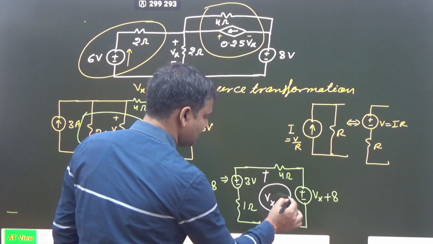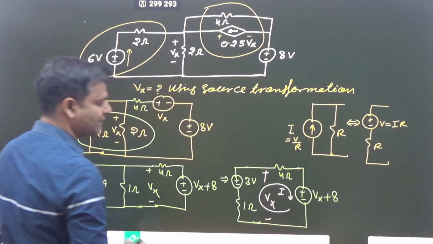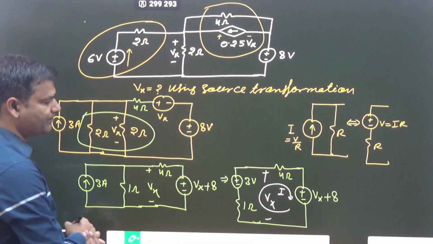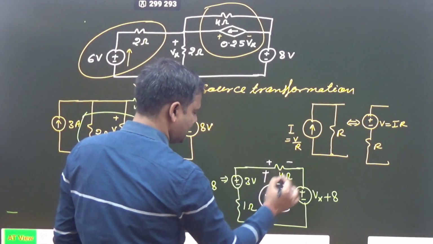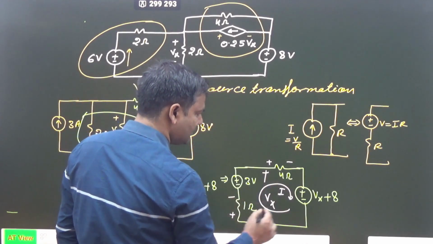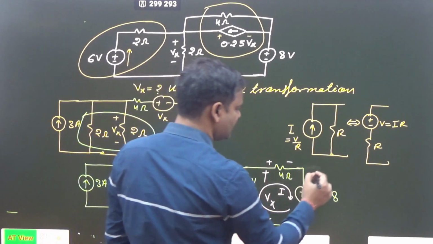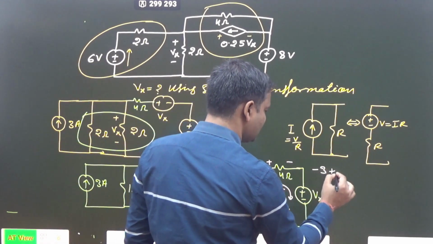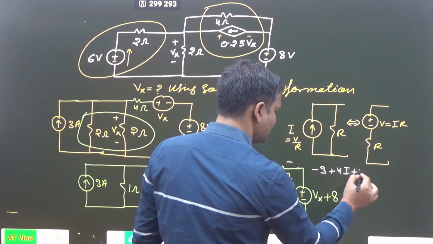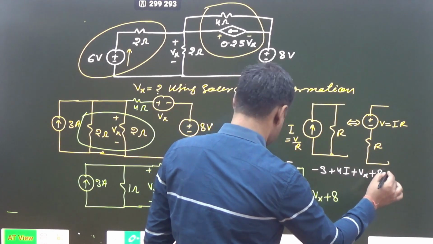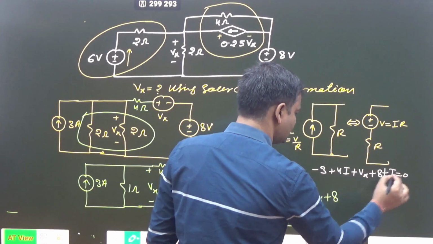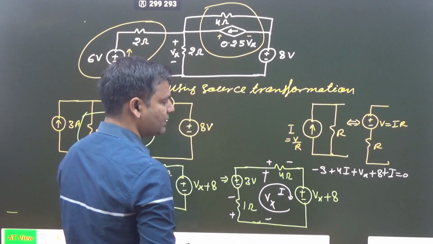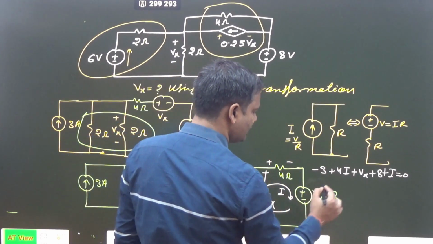Suppose that in this loop the current is I. Okay, after that plus minus, apply KVL in this loop, then we get minus 3 volt plus 4I plus Vx plus 8 plus I, this is equal to 0. Okay, then what about Vx?